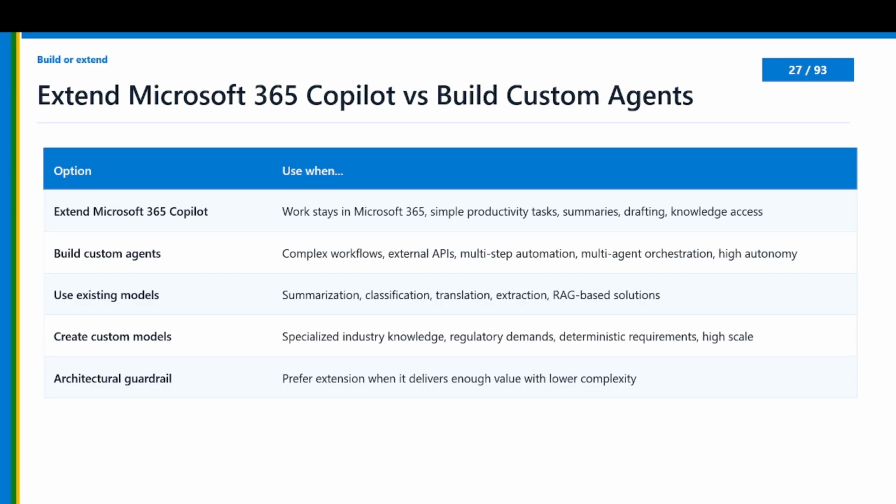In Copilot 365, you have several main agents already built in, like meeting assistant and the Copilot agent itself, and then you can also extend. You can build a custom agent inside your Copilot Studio or inside Microsoft Copilot itself. You can build a custom agent even without going to Copilot Studio or Azure AI Foundry.